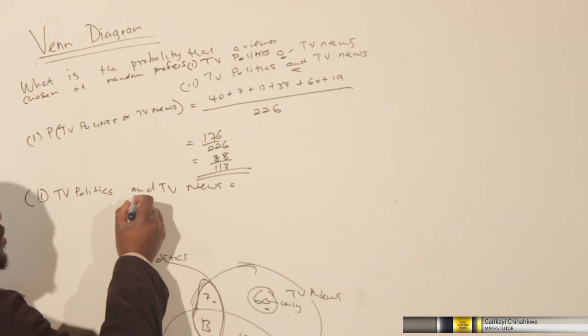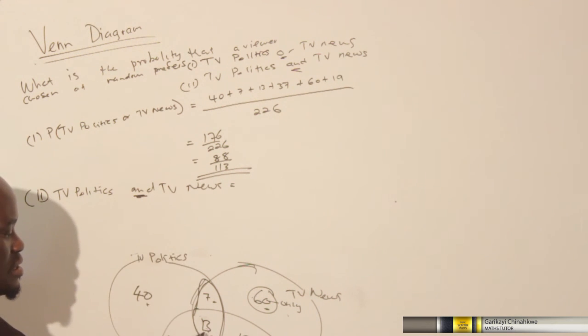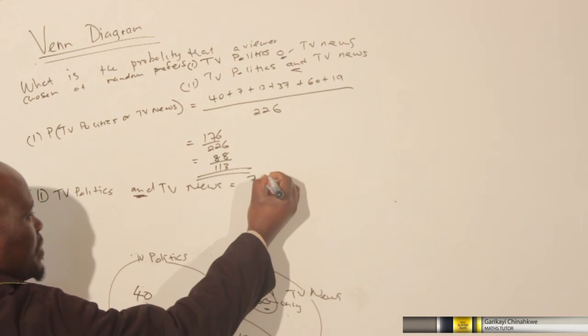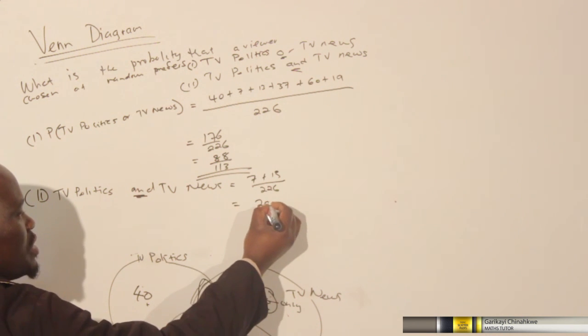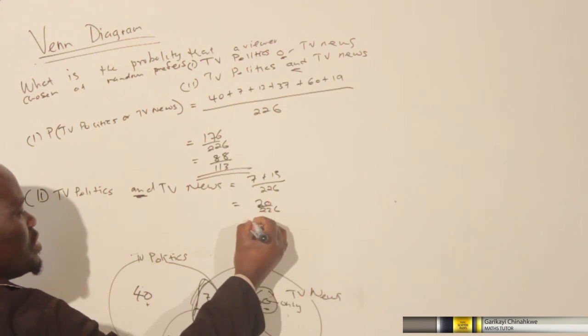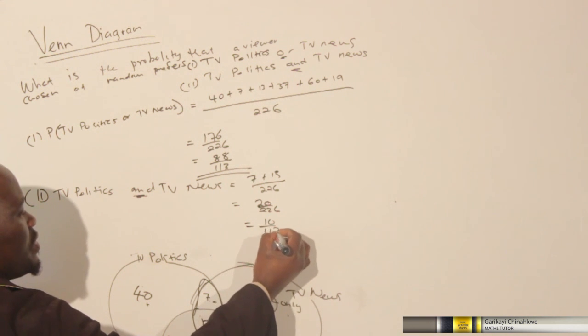Now we look at and, and it only includes 7 and 13, so it's 7 plus 13 over 226, which gives us 20 over 226, which gives us 10 over 113.